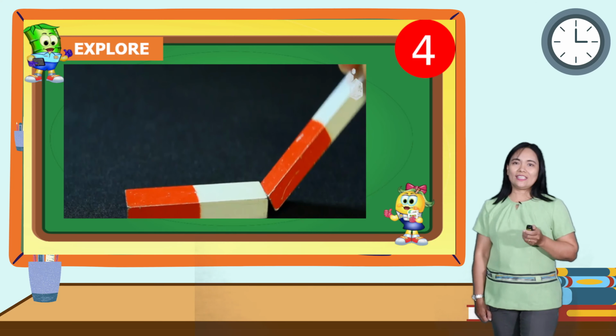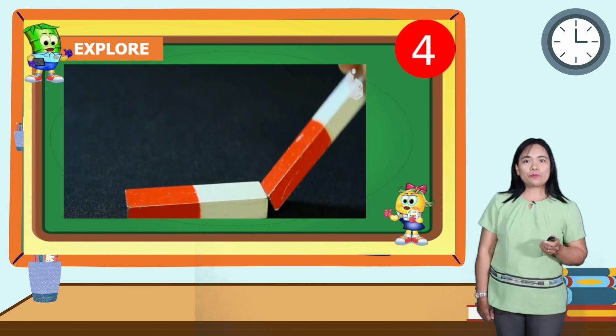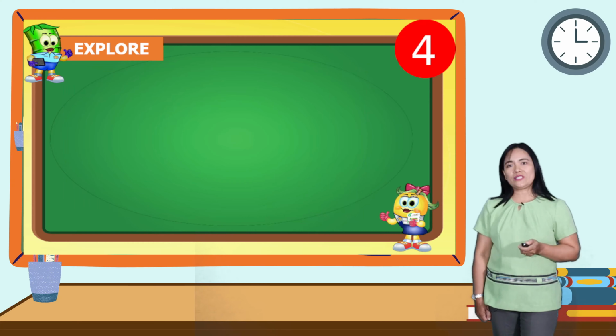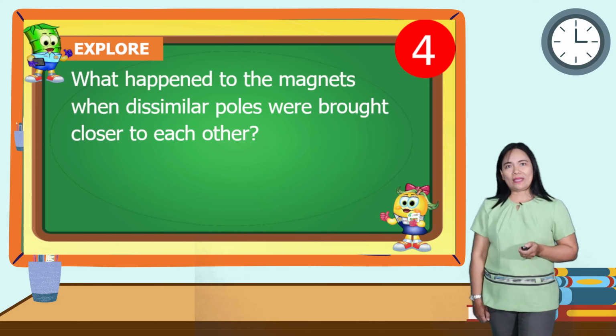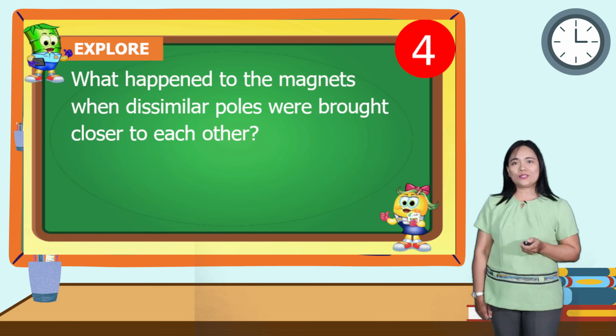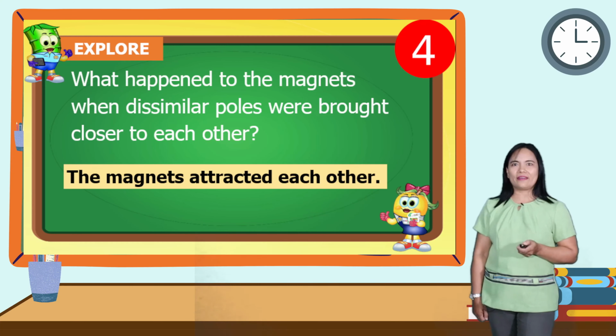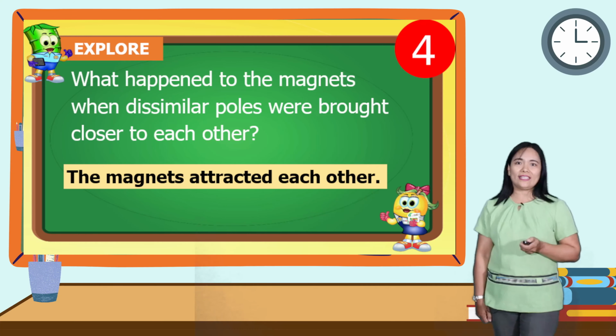Okay, as you can see in our video, the white pole and the orange pole were brought closer to each other. What happened to the magnets when the unlike poles were brought closer to each other? Any guess? Okay, the correct answer there is, the magnets attracted each other.